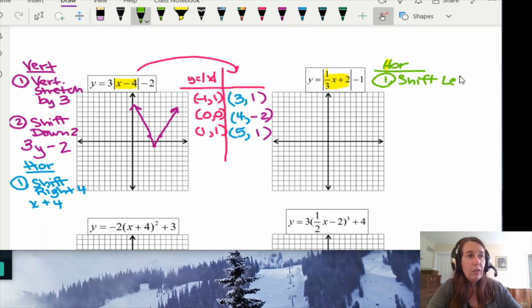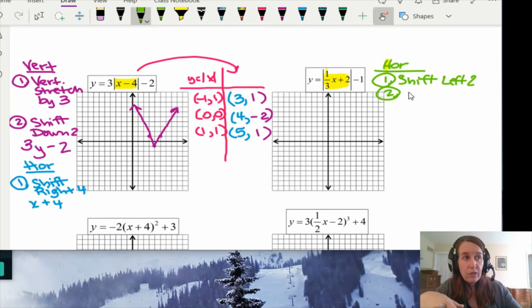Shift left 2. Okay. And then it's 1/3 x. So I need to multiply by 3 to undo what's happening to x. Okay, so that would be a horizontal stretch by 3.